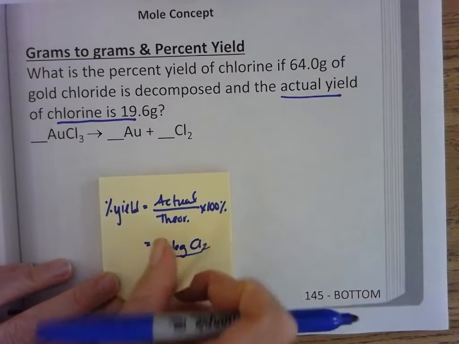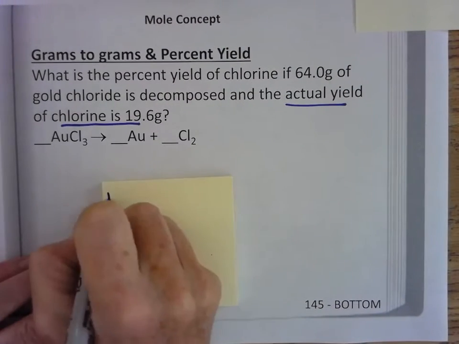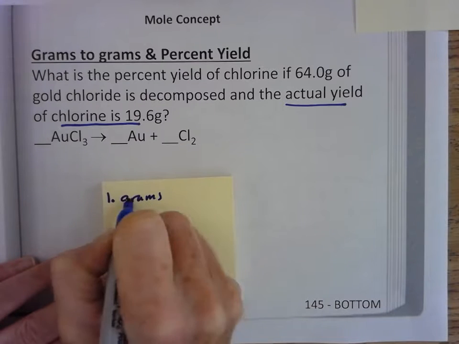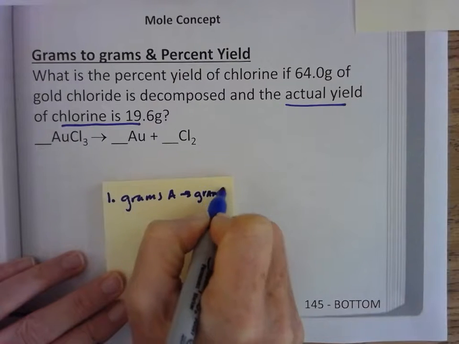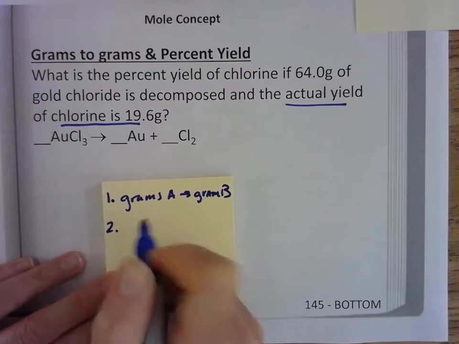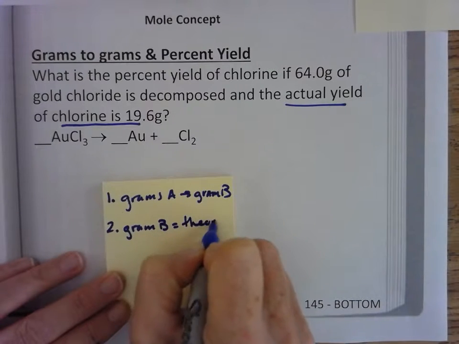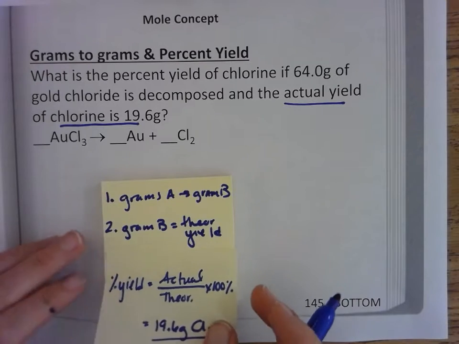This is a two-step problem. One, gram to gram. So I need to do grams of A into grams of B. And then my grams of B is going to be my theoretical yield. So I'm going to have to do a three-step stoichiometry problem to get there.